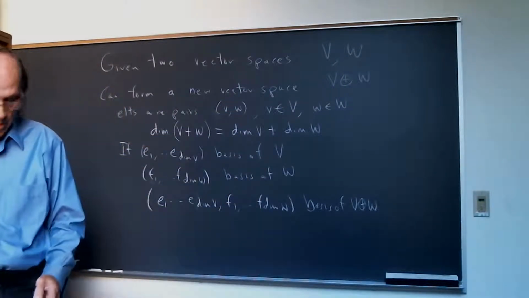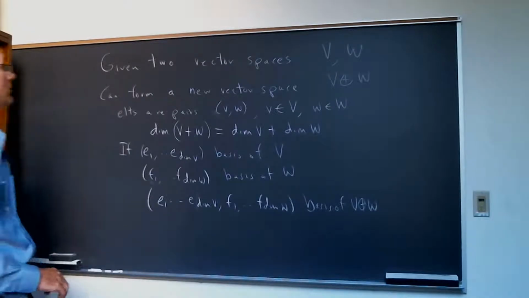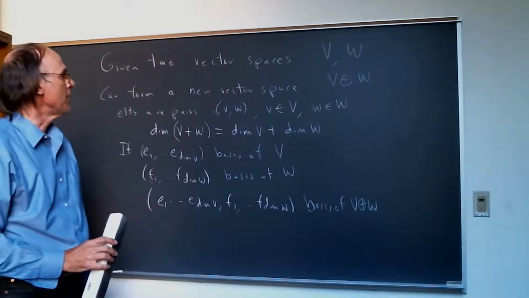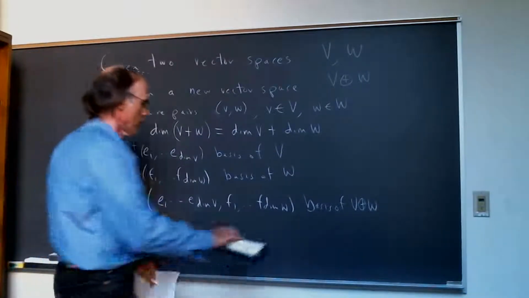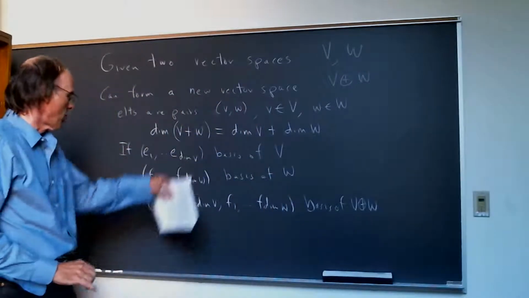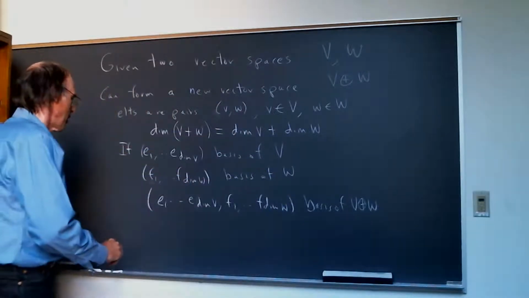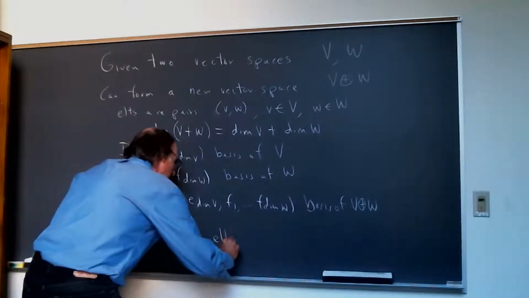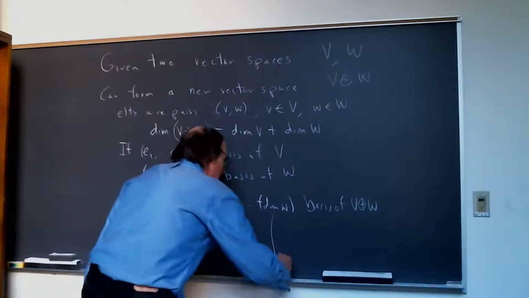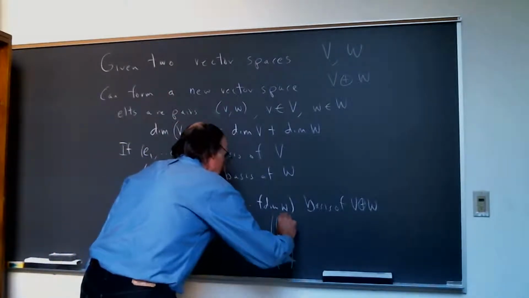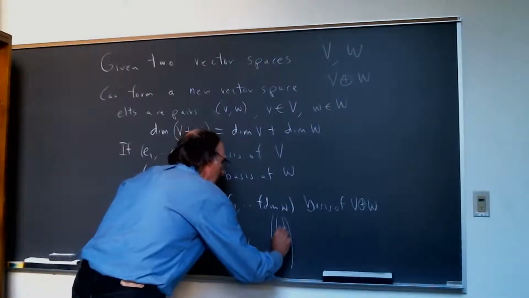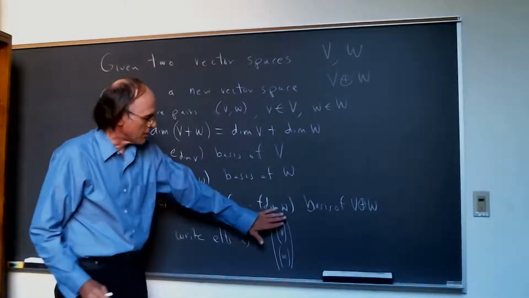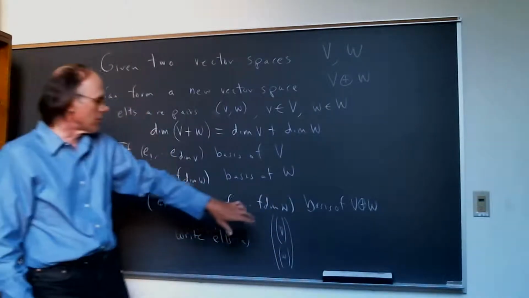And if you want to write things in terms of column vectors, you write elements as something that's in V and something that's in W. In other words, you just make a bigger column vector sticking the two together.